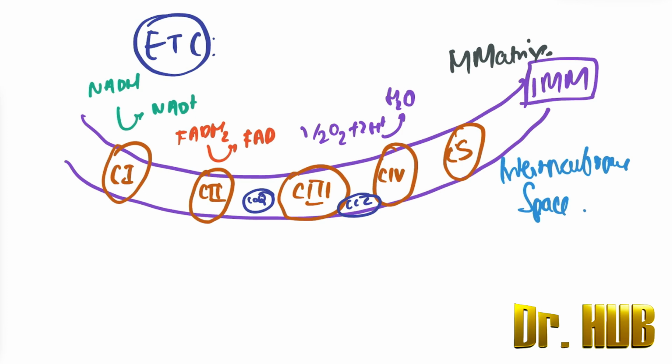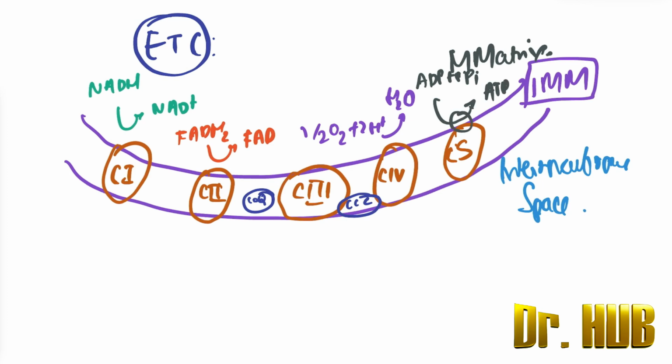And lastly, in complex 5, ADP plus Pi gives rise to ATP.